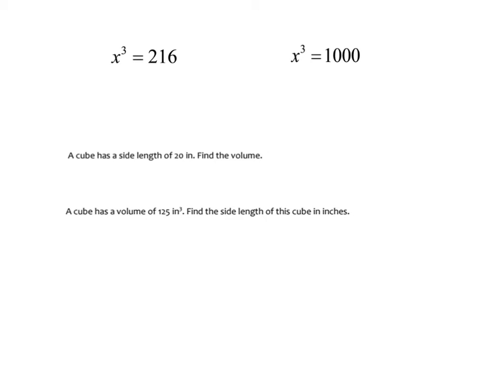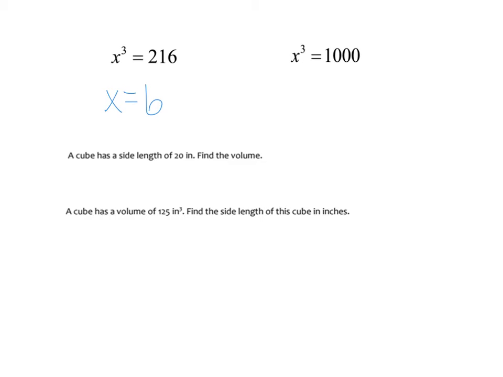We can look at equations involving squares and cubes. Here, this equation says x cubed equals 216. We want to know what times itself 3 times is 216. When you look at your chart, the cube root of 216 is 6, so x is 6.